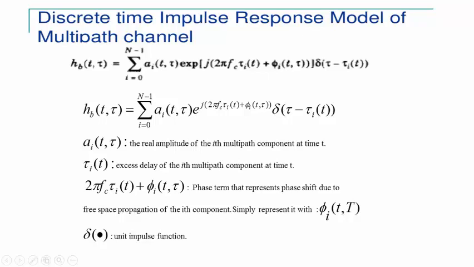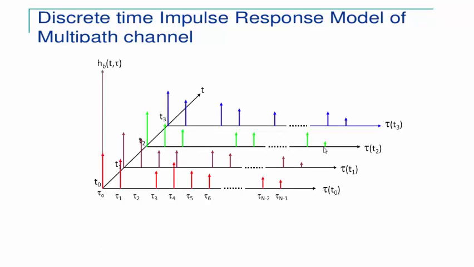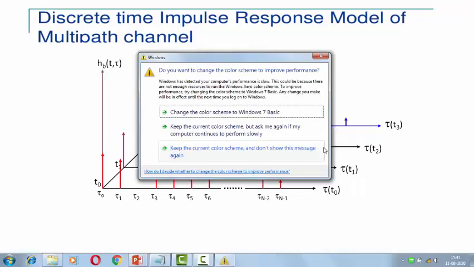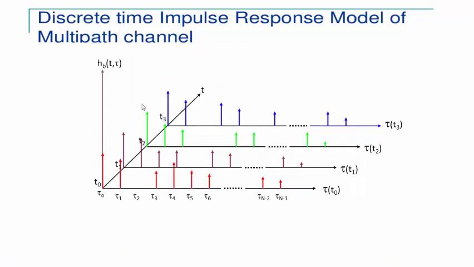Tau i of t is the excess delay of the ith multipath component at time t, and the phase term 2 pi fc tau plus phi is the phase shift due to the free space propagation of the ith multipath component. So this is simply represented with phi i of t comma tau, and delta is nothing but the unit impulse function for the given model.